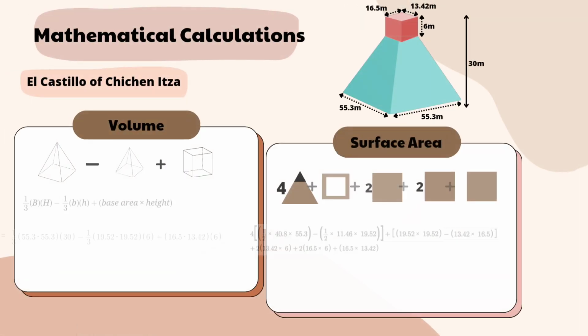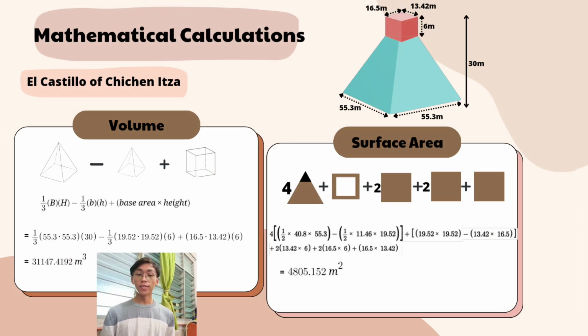Thank you, Azim and Zul, for explaining the backstory of our 2 cases. Now, let's get to the best part, which is our mathematical calculation for our 2 cases. El Castillo is actually a pyramid. However, the top of the pyramid is removed and replaced by a rectangular shaped temple.